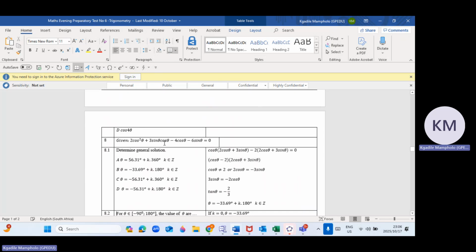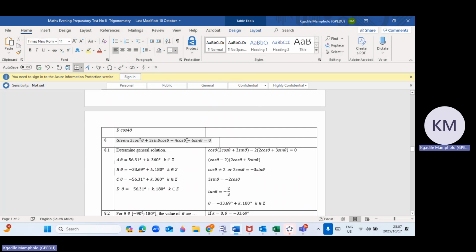If you take cos as a common factor in the first two, you'll remain with 2 cos theta plus 3 sine theta. Then here, there's a common factor of -2. So you take -2 as a common factor, and you know that when you take negative as a common factor, all the terms will change signs.